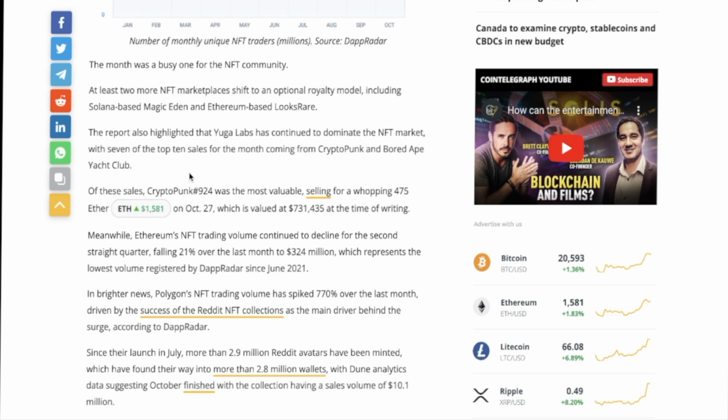And that's the key to long-term success. If it has real users using it, even if we have this short-term drop in price, it doesn't mean that it's going to be forever, because if people are using it, it will become amazing.